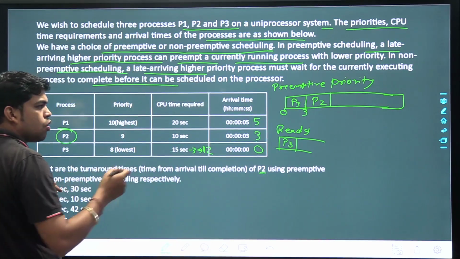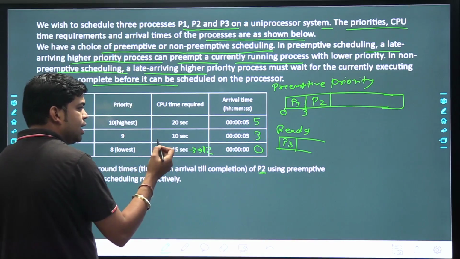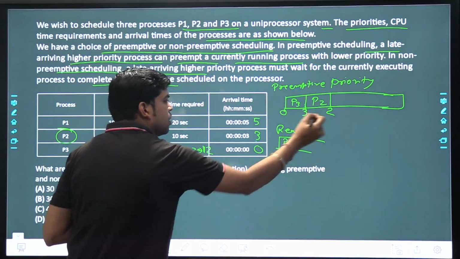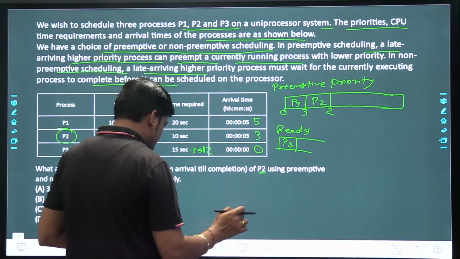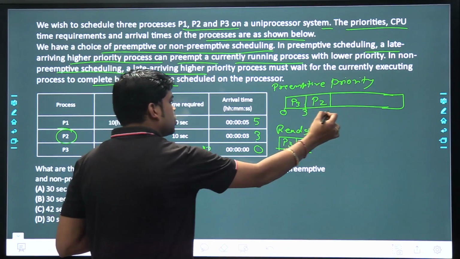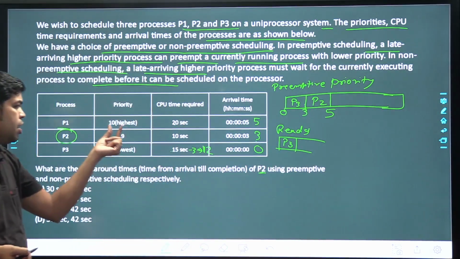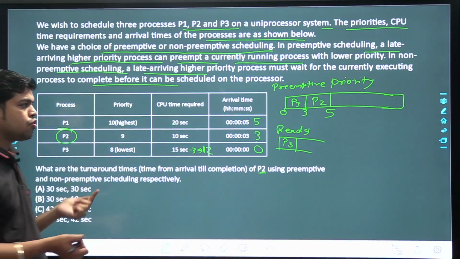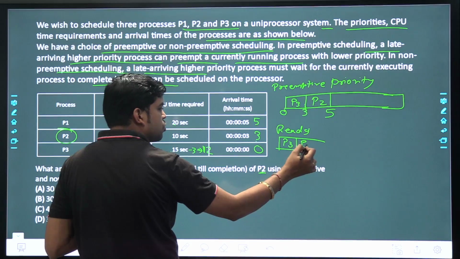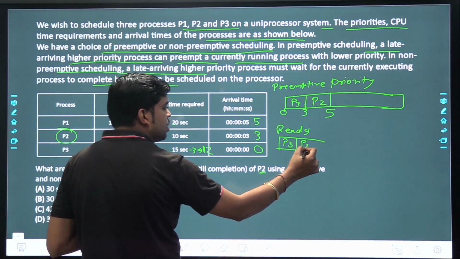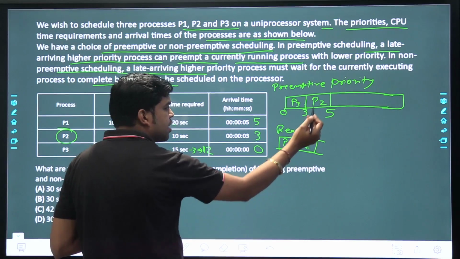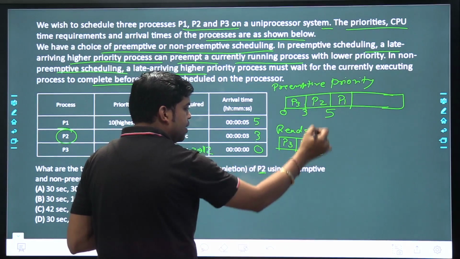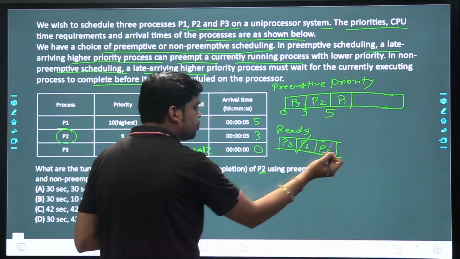P2 executes for 2 units of time, from 3 to 5, because at time 5 a new process arrives with the highest priority. That process, P1, arrives at time 5, and its priority is greater than the running process, so we allocate the CPU to P1, and P2 is stored in the ready queue.